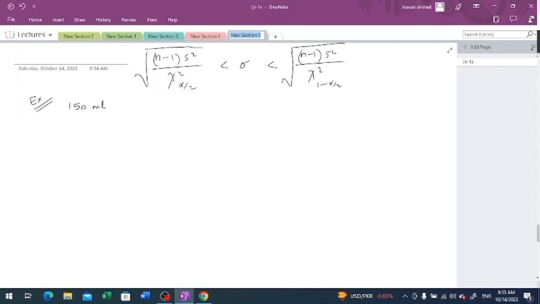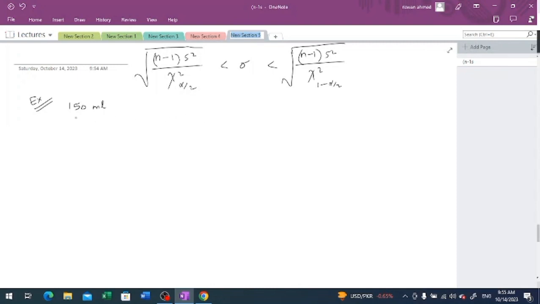Since variation is everywhere, even though we have tried our best that exactly 150 ml should be poured in by the machine in each cup, this is practically not possible. Some cups may contain greater quantities and some cups may contain quantities below 150 ml, and that we can check with the help of standard deviation, which is the measure of variability.